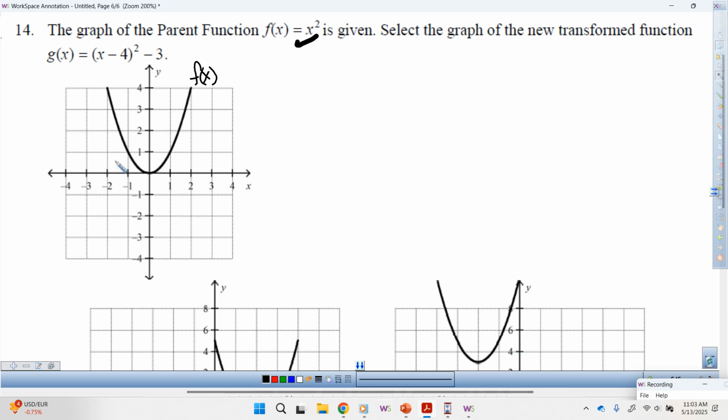Mario, what are my 5 points? 0, 0; 1, 1; negative 1, 1; 2, 4; and negative 2, 4. Yes. All right. So those are my 5 for the parent function.